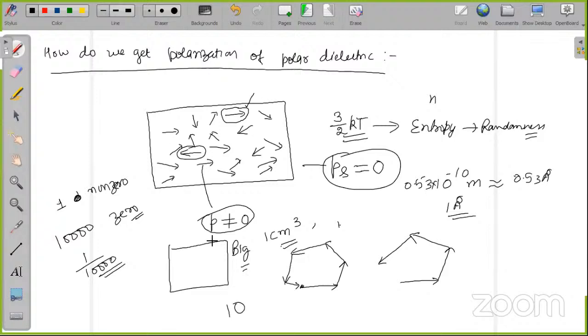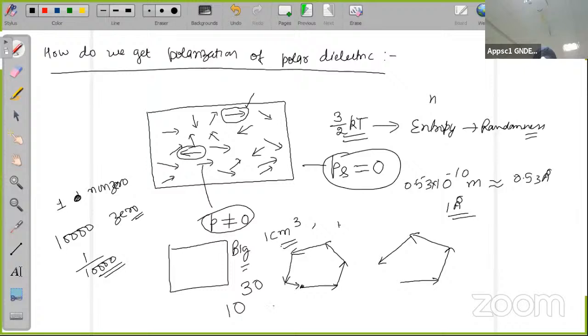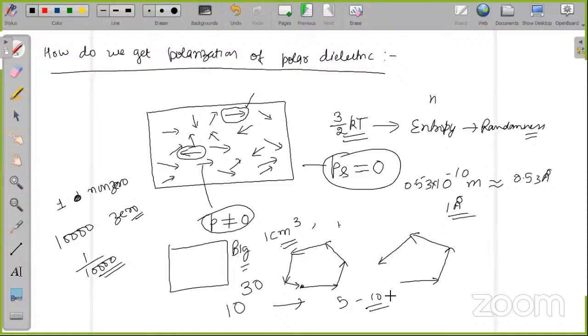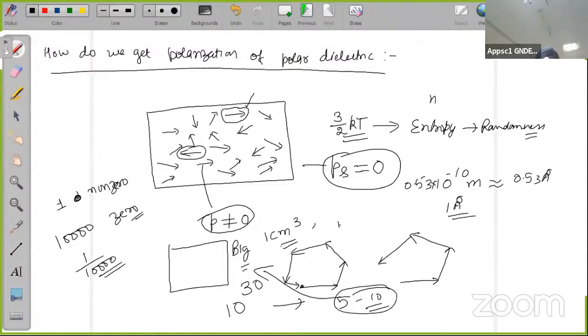Let us say the number of atoms in this sample of 1 centimeter cube is 10 raised to power 30, and out of these there are 5 to 10 atoms which are not cancelling out. Then for me this is as good as zero dipole moment. It will be there, but it will not be sensible.